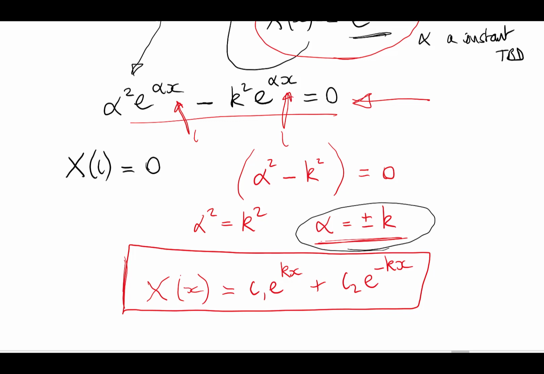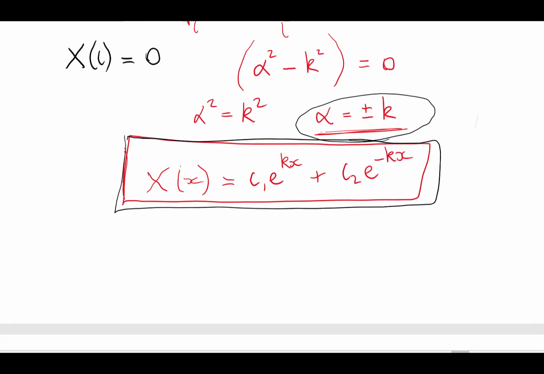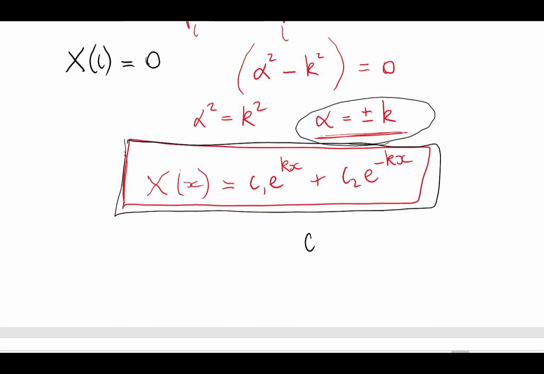So let me elaborate a little bit. Here we have a general solution to this differential equation. However, because we need these boundary conditions in place, such that at x equals L we need to get a 0 value, it turns out that this ends up being a trivial solution. In that particular case, with the boundary condition, C1 equals C2, and that would have to be equal to 0.